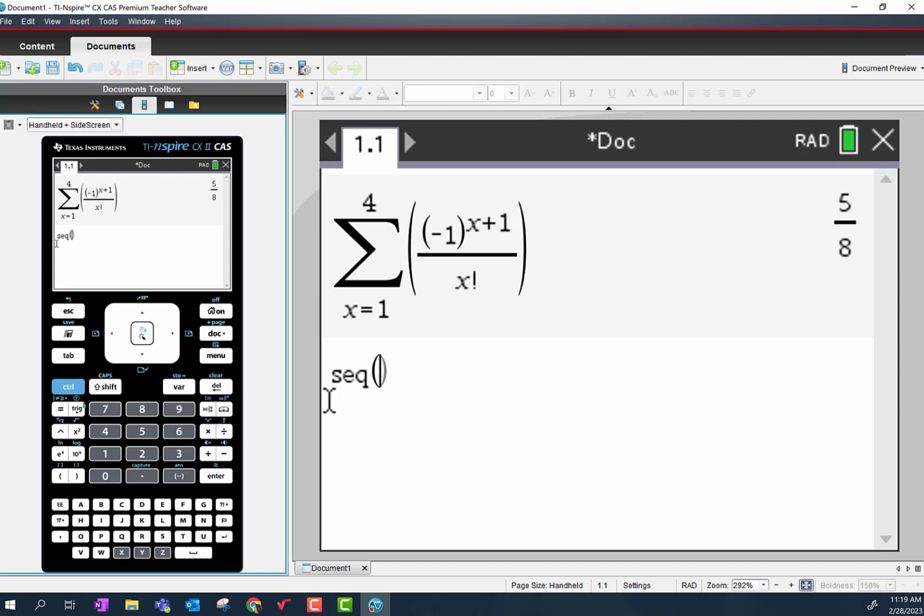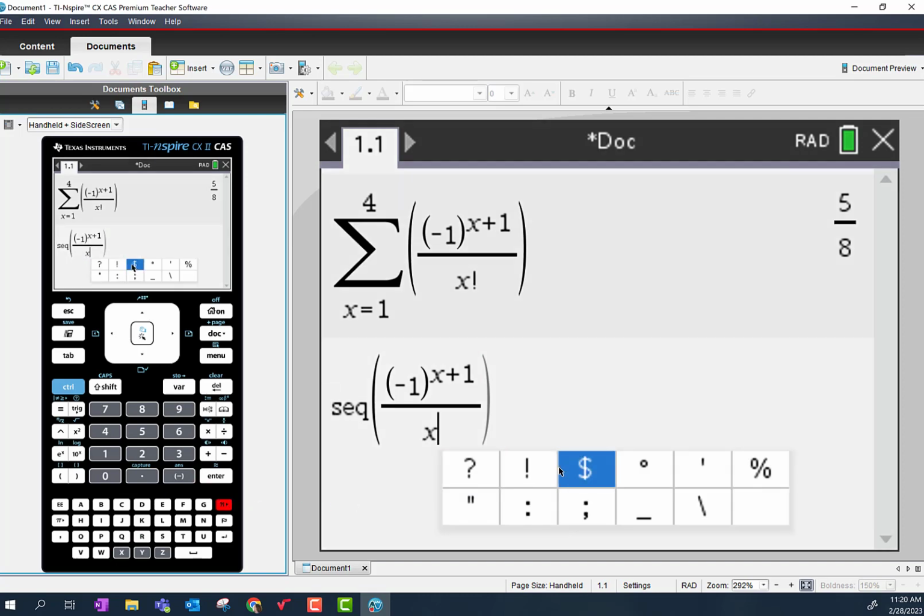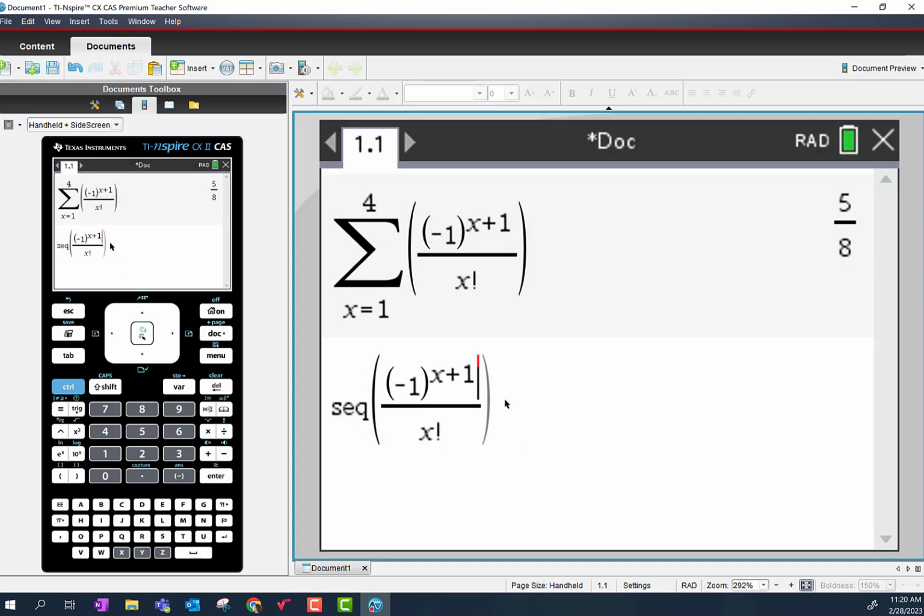So we want to put this in. All right, so we're going to do -1 raised to the x plus 1 over x factorial, and we'll use this fun button. And so that's the expression, comma.